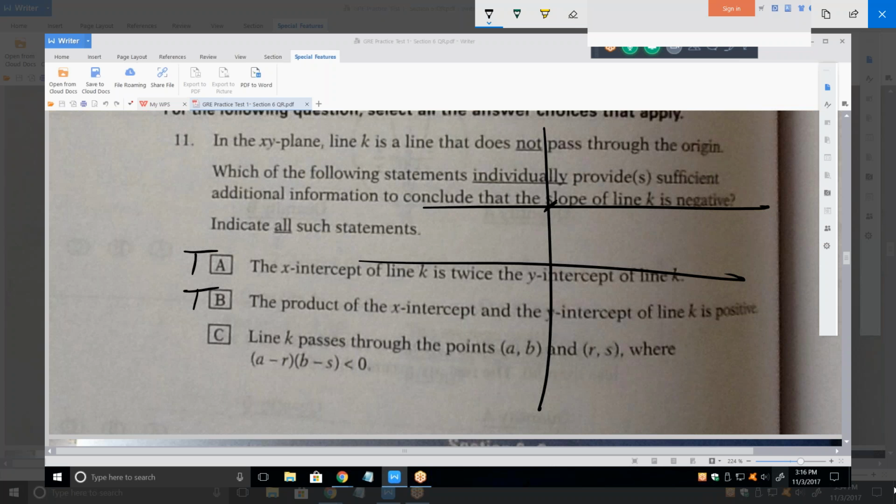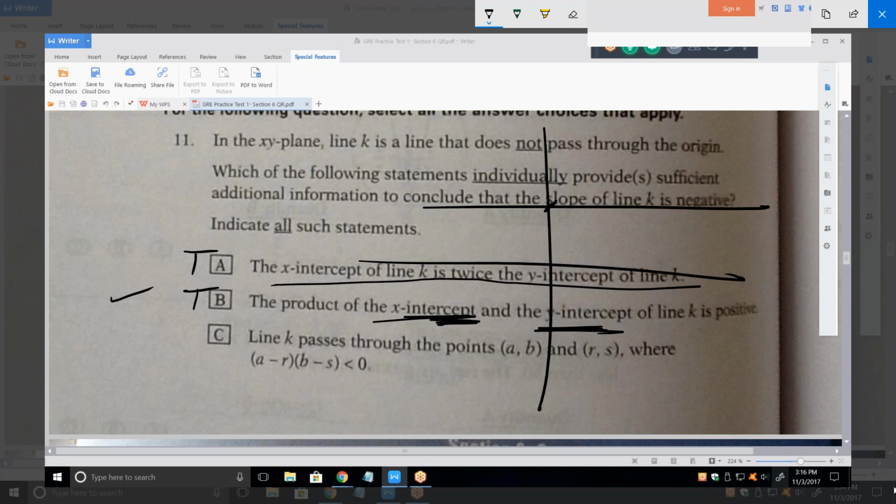In other words, the x-intercept is not twice the y-intercept. But I can't really use the horizontal line to test it because there's no x-intercept. So this statement assumes there is an x-intercept. Again, the product of the x-intercept and the y-intercept is positive.